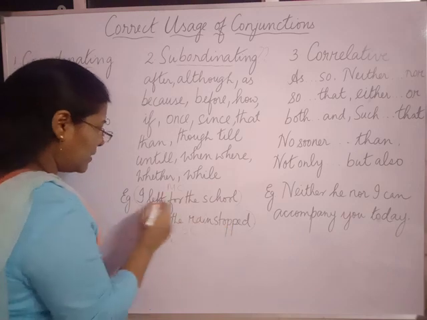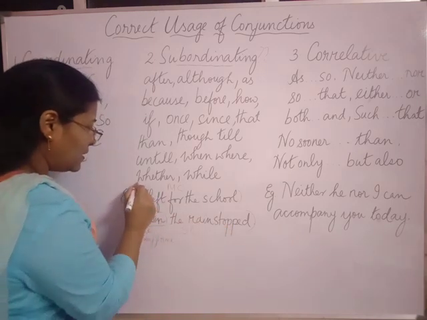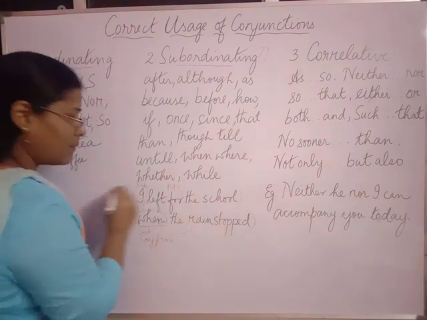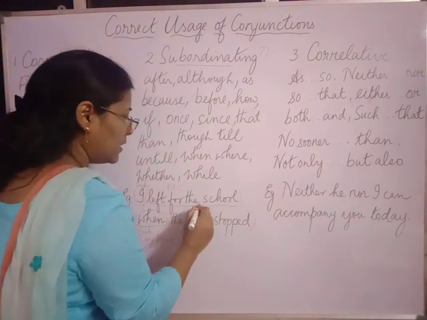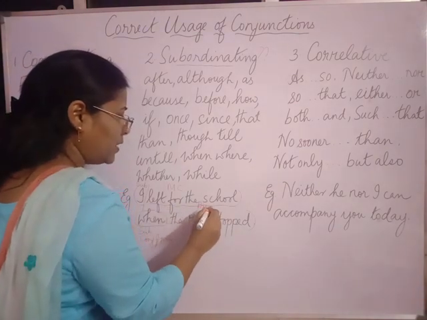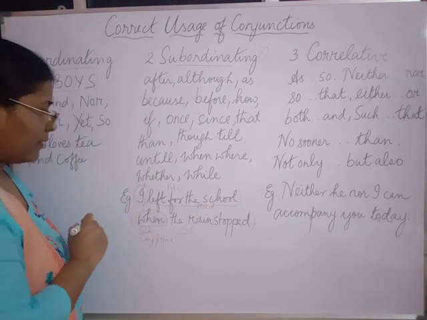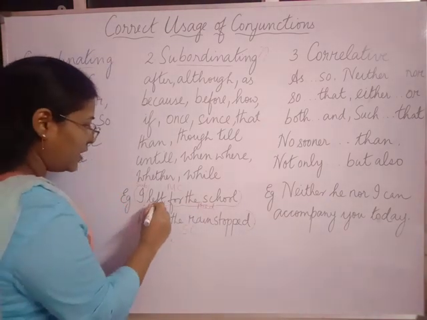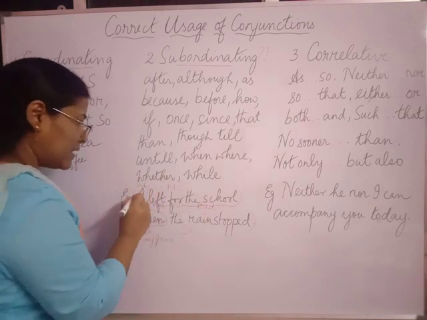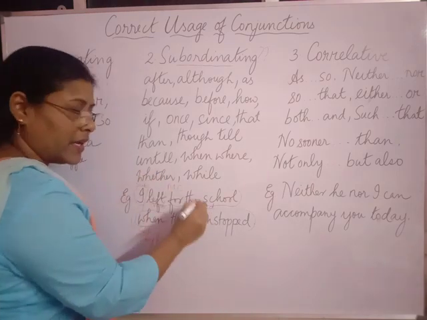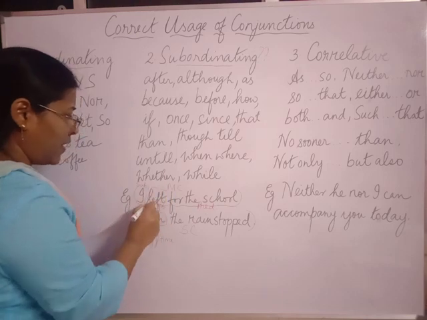Now, take this sentence. I is the subject. Left for the school is the predicate. And it has a finite verb in it. So, a clause has a subject and a predicate along with a finite verb.